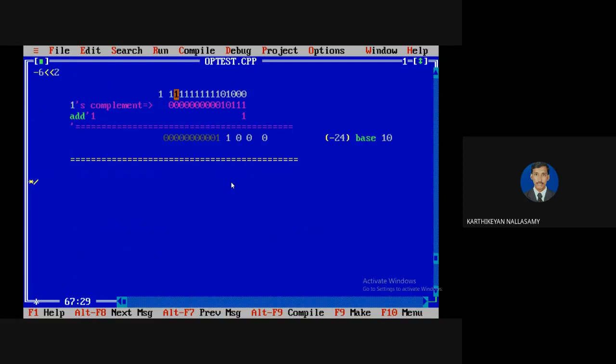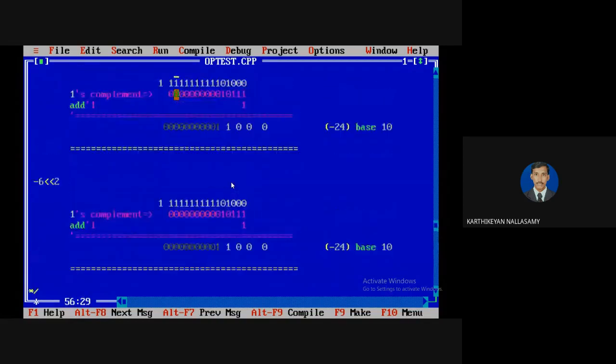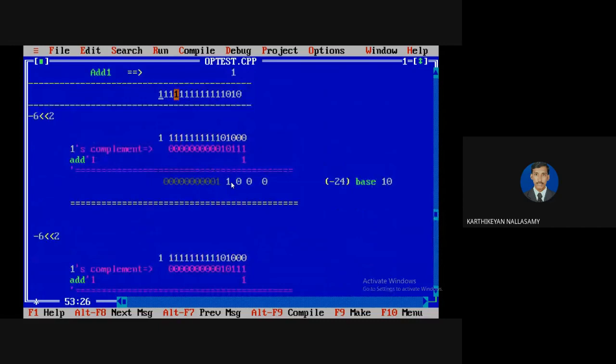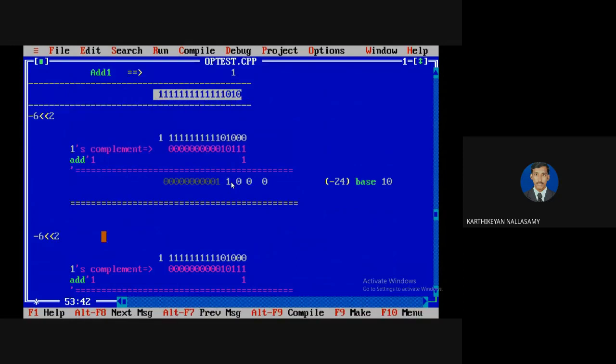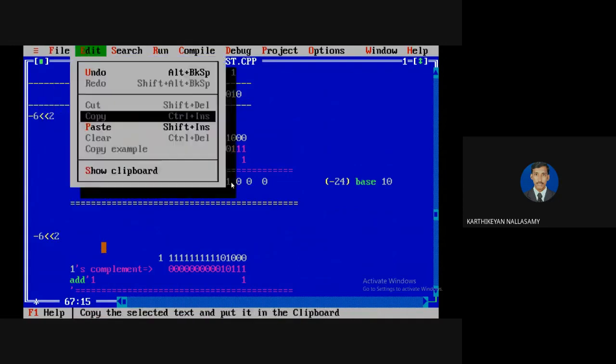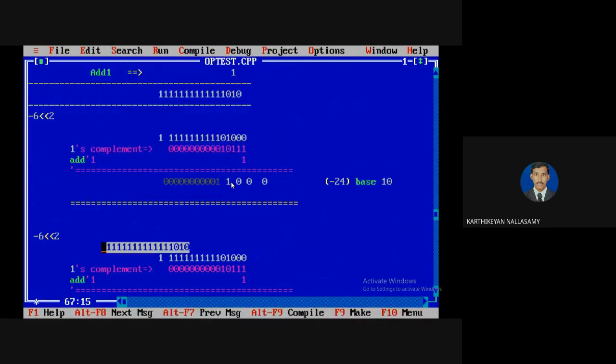So for a right shift, this is the value for minus 6. This is a negative number. If I'm shifting right by 2, since it is a negative number, it will insert only 2 ones at the front and remove 2 bits at the end.